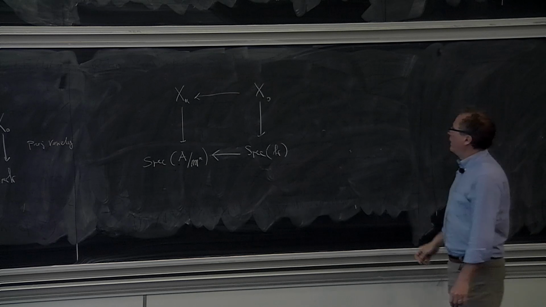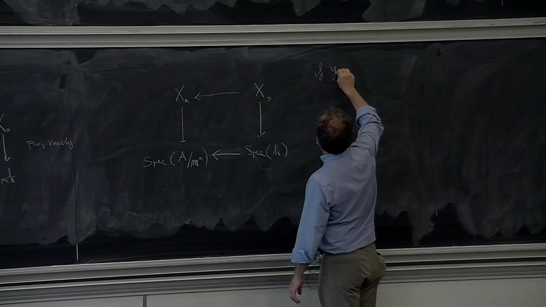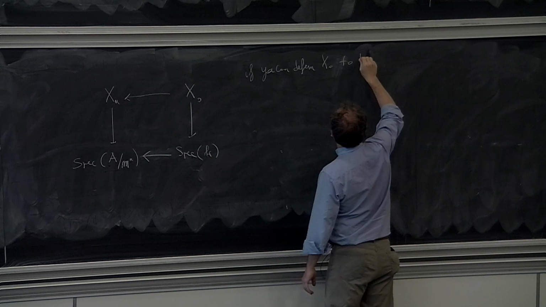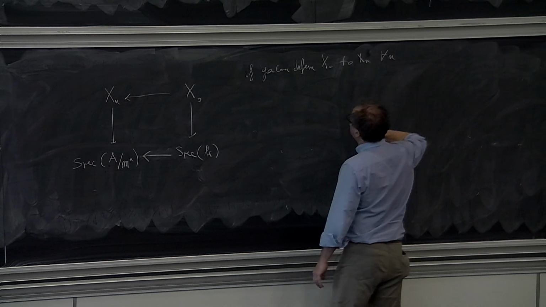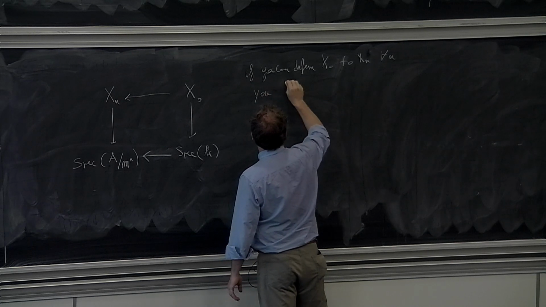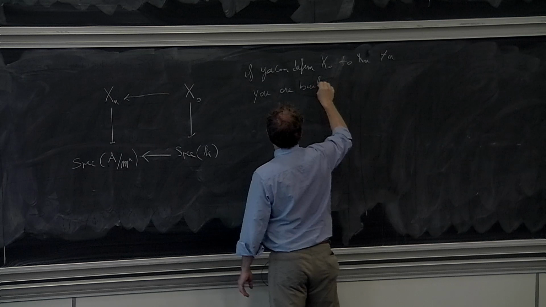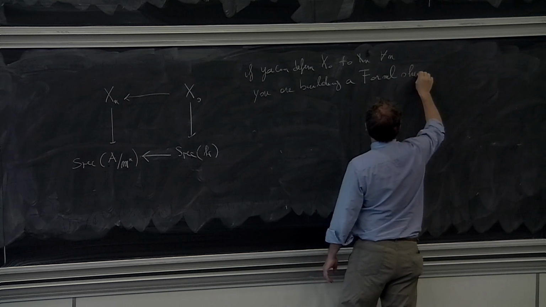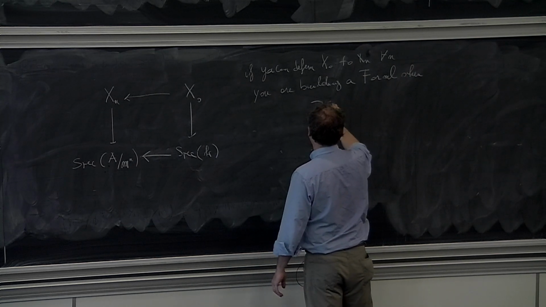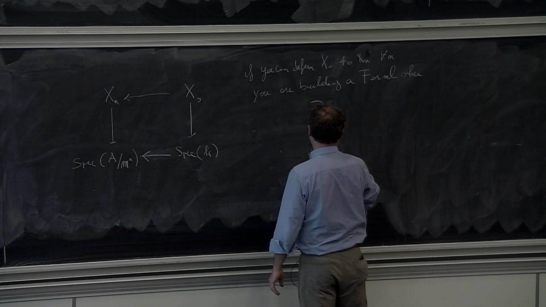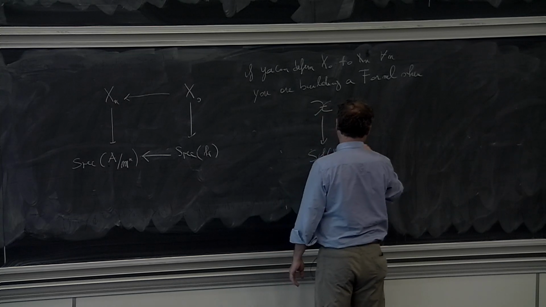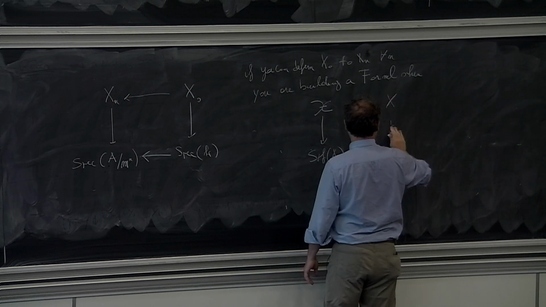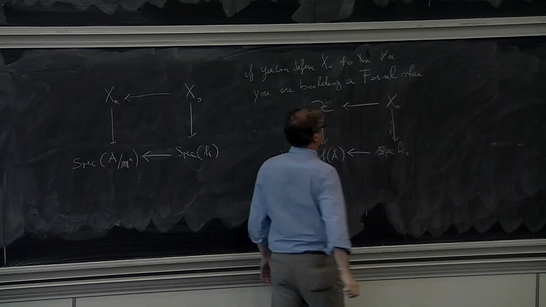Suppose that you can do it. If you can deform x0 to xn for every n, you are building a formal scheme x over formal spec of A, with spec K and X0 like this.